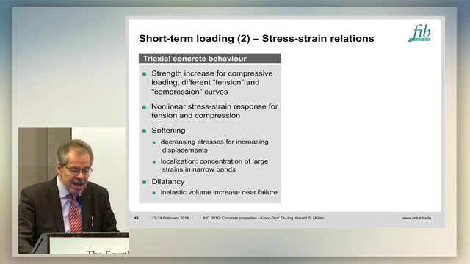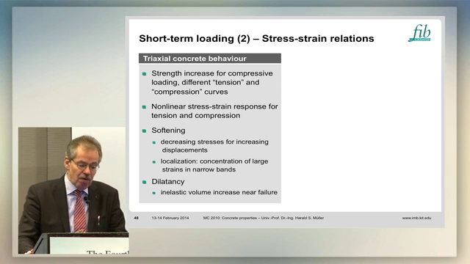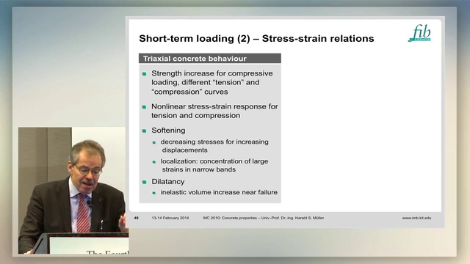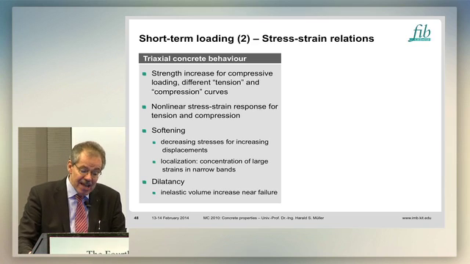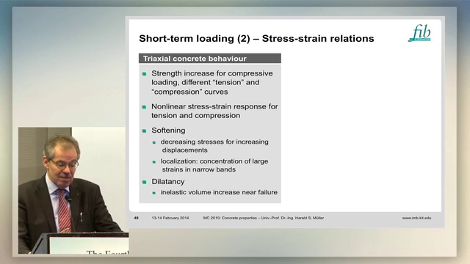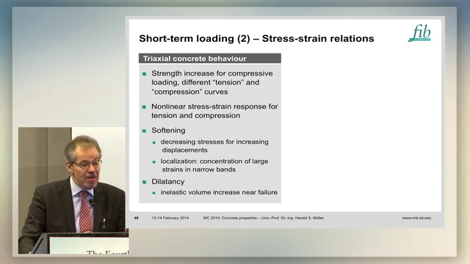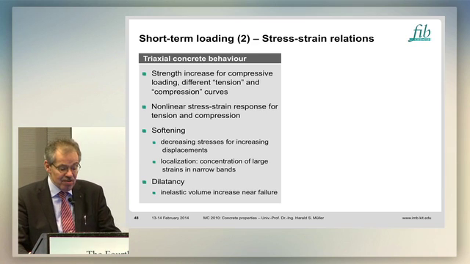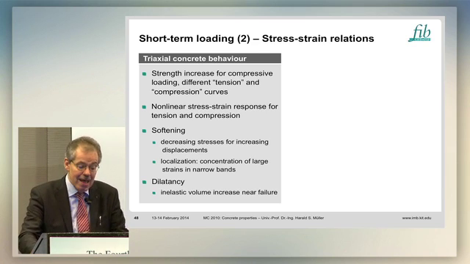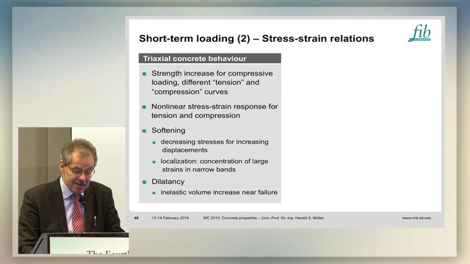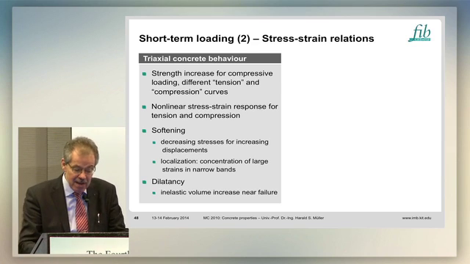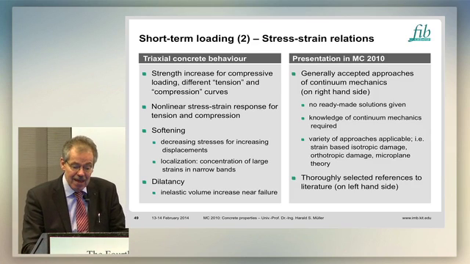If you look at the triaxial behavior of concrete, you have a strength increase for compressive loading, different tension and compression curves, and nonlinear stress-strain response for tension and compression. You have softening, decreasing stresses for increasing displacement. You have localization, concentration of strain in a narrow band. And you have dilatancy, inelastic volume increase near failure.